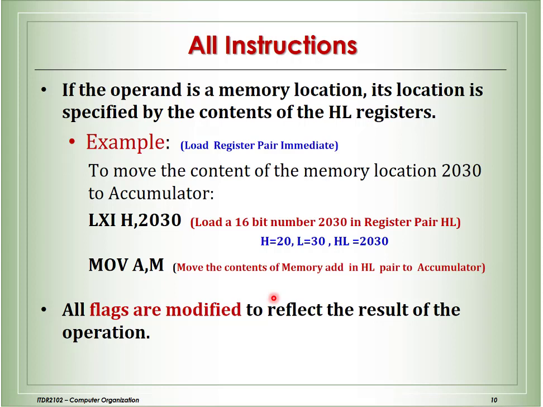Here one thing you need to understand is that whenever we point to the HL register pair, we are telling that the contents of this memory location will be used, meaning the content in the memory location, but the address of the memory location is in the HL register pair.